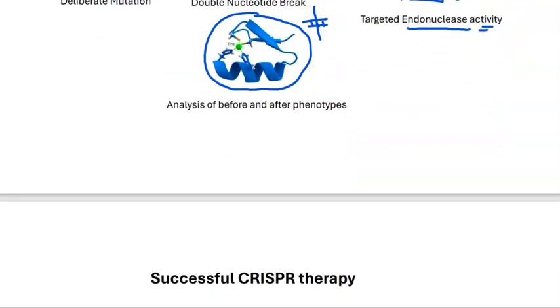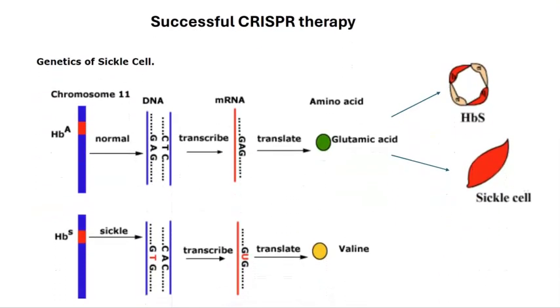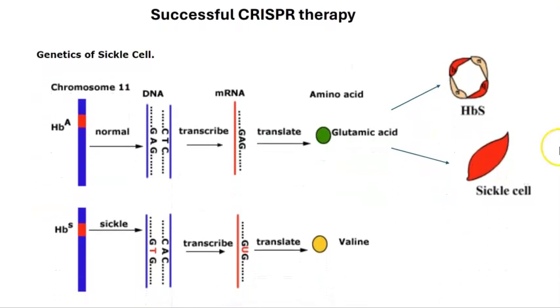So if we take a look at the successful use of a CRISPR therapy, we come back to sickle cell anemia again. And just a reminder that in sickle cell anemia, a point mutation, this is the normal pathway. Here we end up with transcribe and translate and add glutamic acid to the formation of the normal protein.